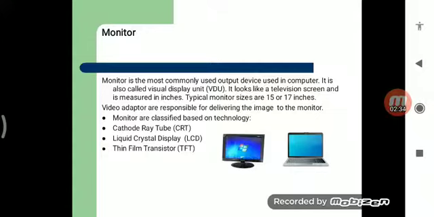A video adapter is responsible for delivering the image to the monitor. Monitors are classified based on technology into three types: first is cathode ray tube, CRT; liquid crystal display, LCD monitor; and thin film transistor, TFT monitor.